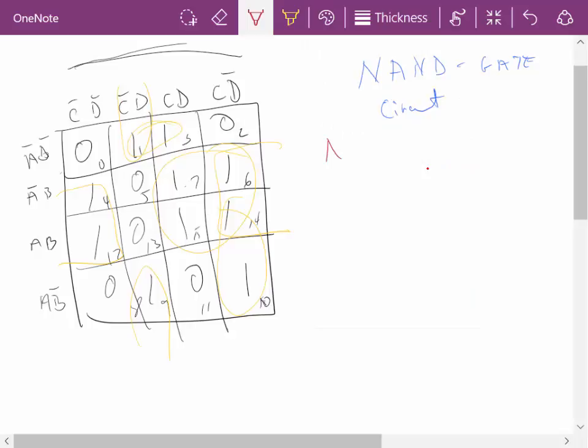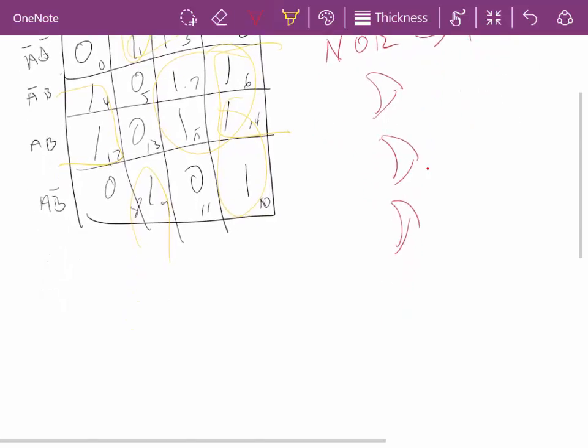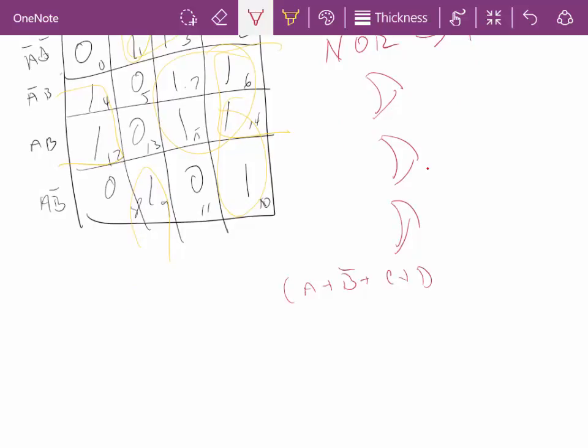If I say NOR gate, that means it needs to be a product of sums. It needs to be in the configuration that looks like this: A plus B naught plus C plus D naught, ANDed with A naught plus B naught, in that type of configuration.